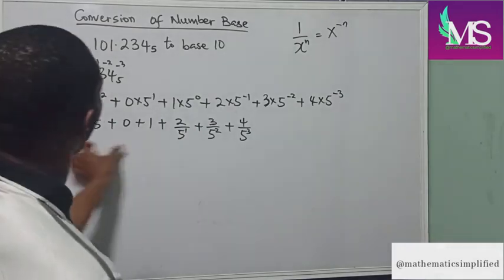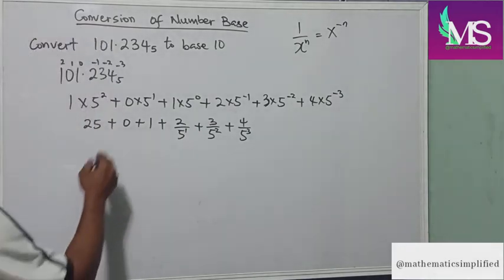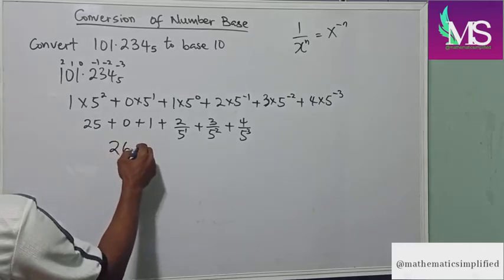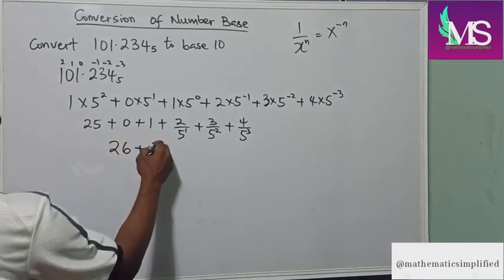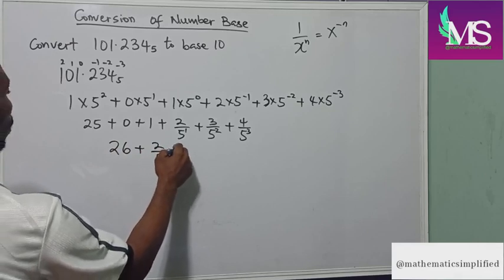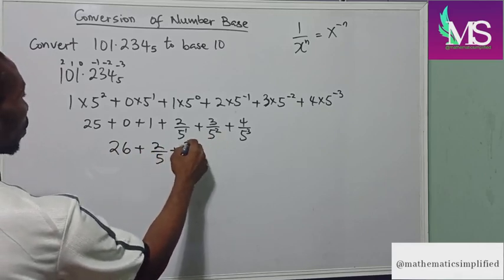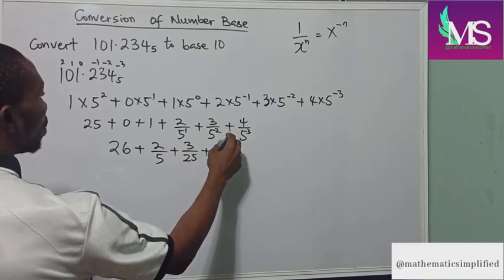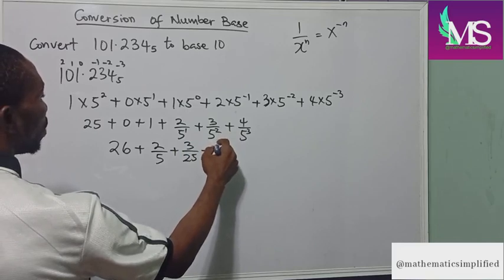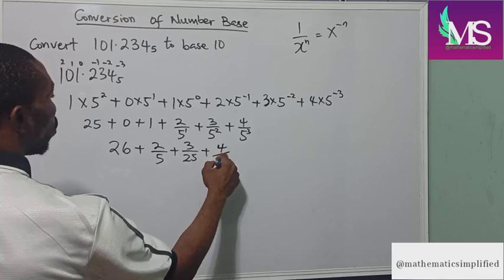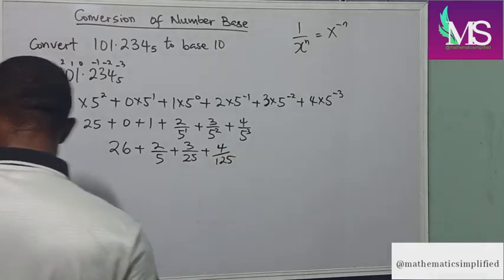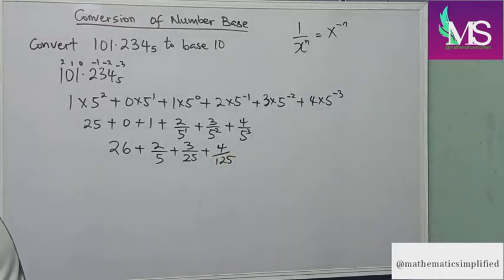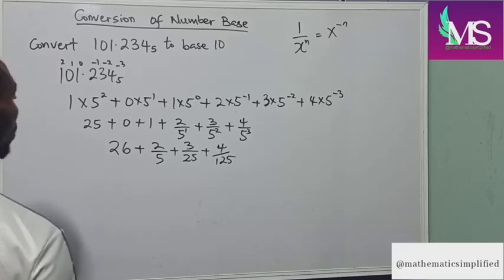Okay, now adding this, our whole number up will give us 26 plus 2 over 5 plus 3 over 25 plus 4 over 125.